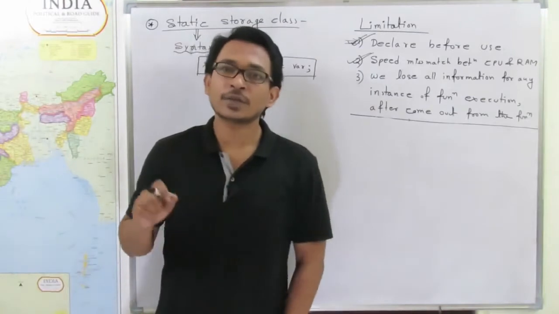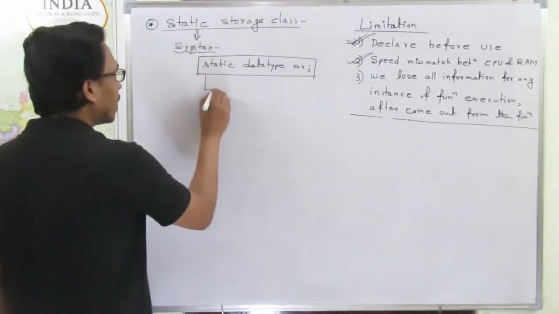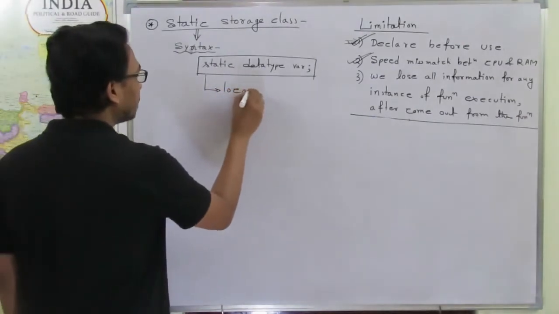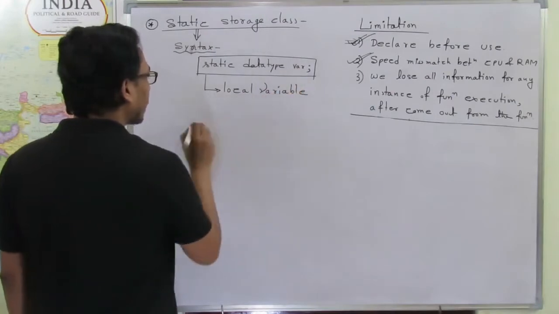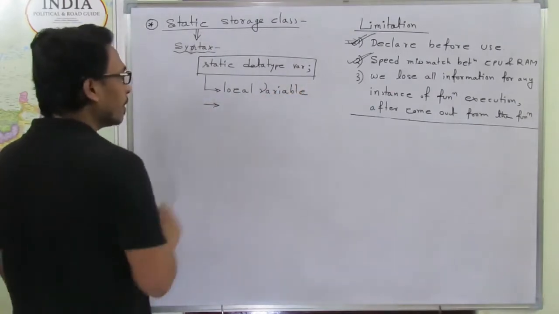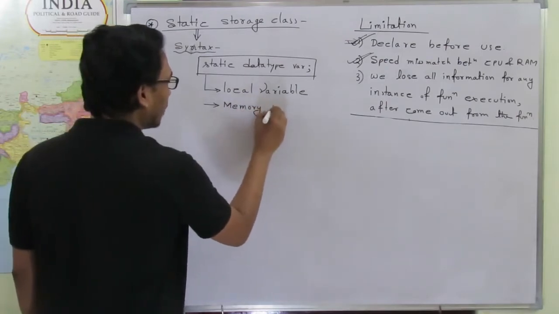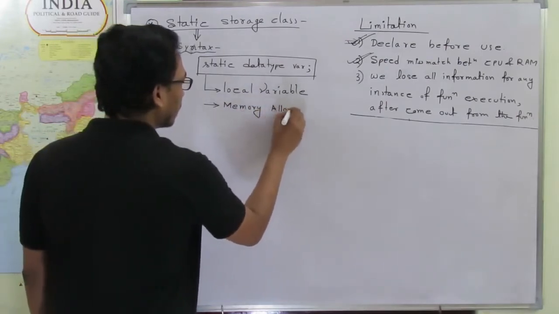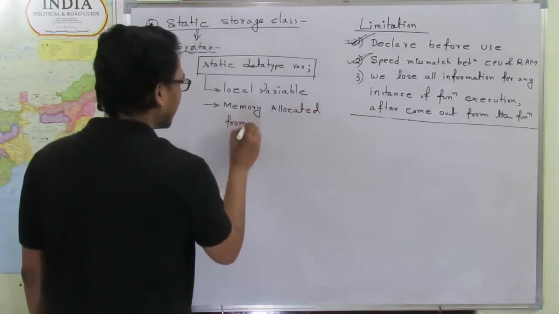But in case of static storage class, the variable will be a local variable and then memory is allocated from the data section.